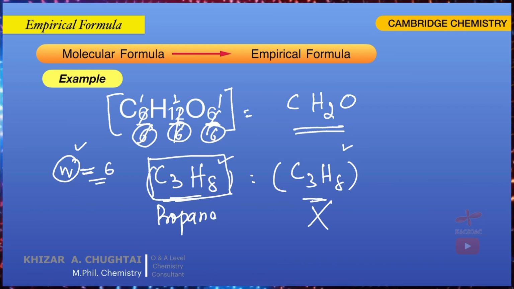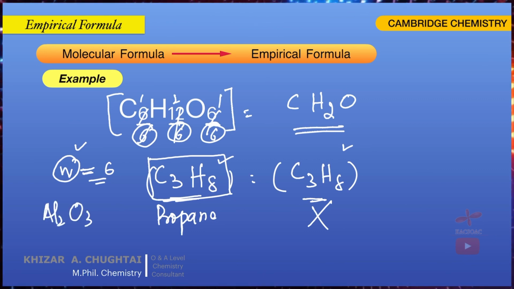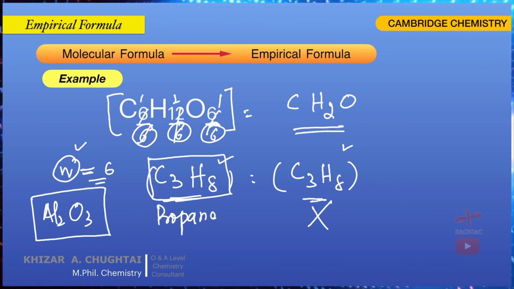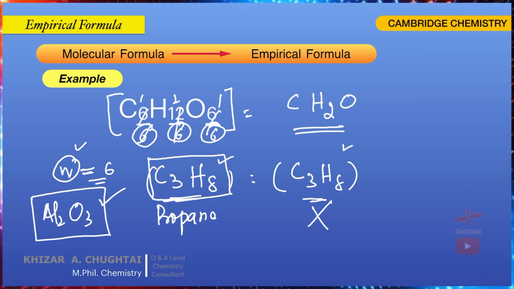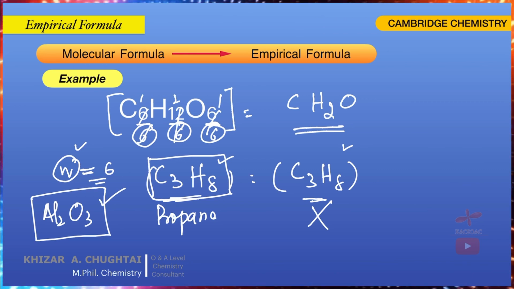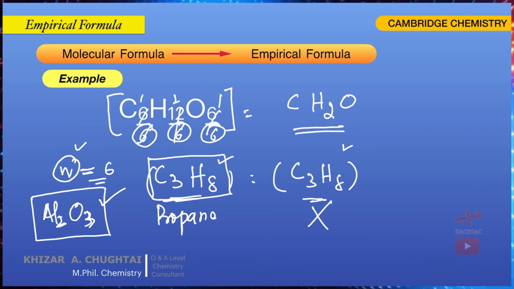The same is the case with ionic compounds. For example, the ionic compound Al2O3. This formula is said to be a formula unit. In the case of an ionic compound, the formula is called a formula unit, and it cannot be simplified. So the formula unit is already an empirical formula.